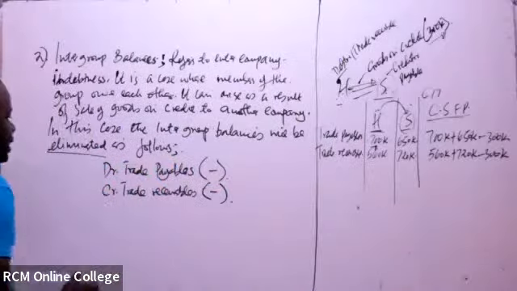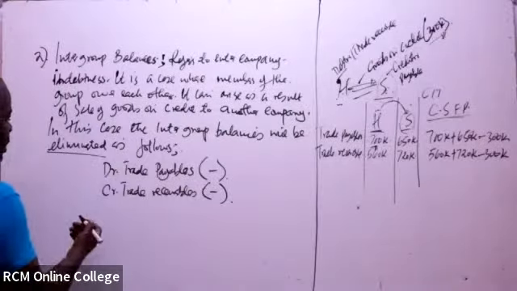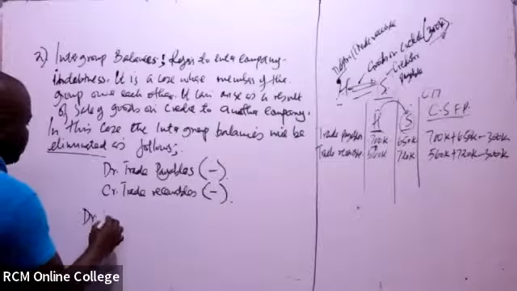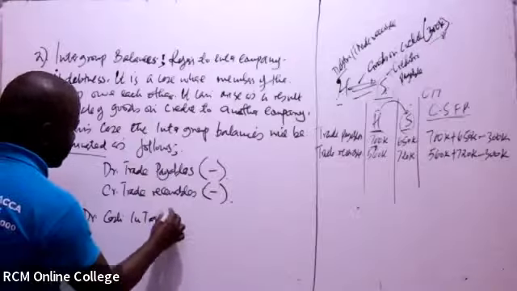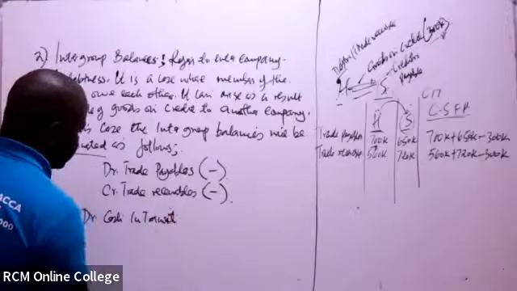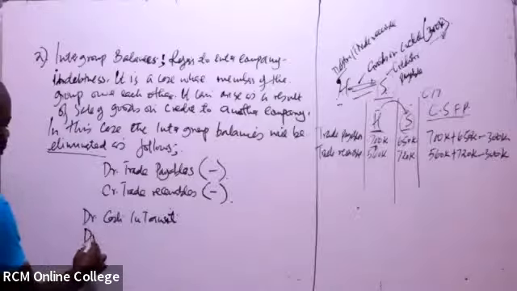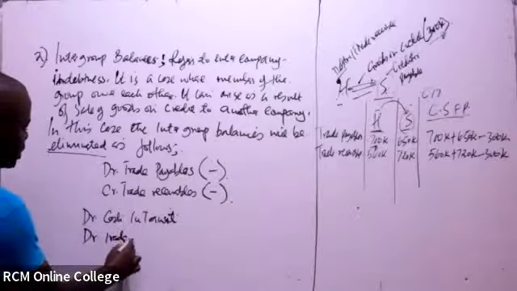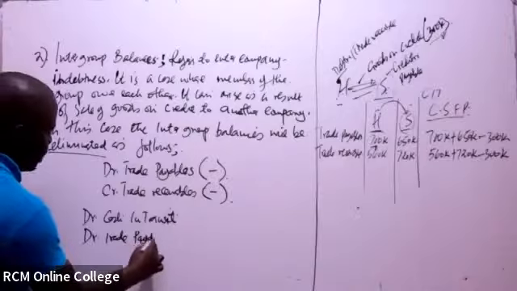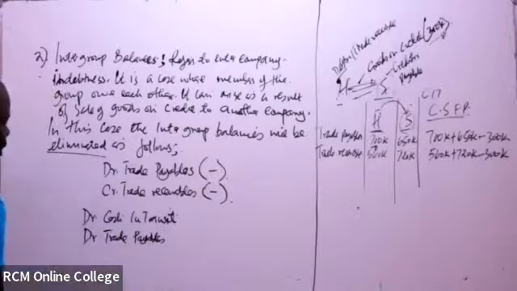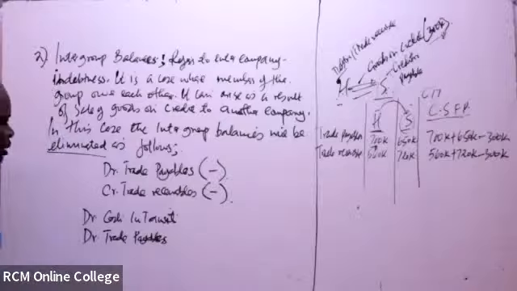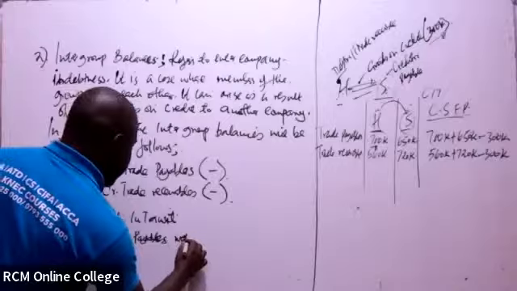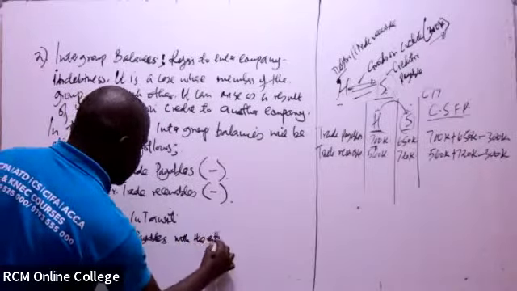So what will happen here? You'll debit the cash in transit. You'll create a cash in transit account. Then you also debit the trade payables with the amount that is still owing, the outstanding amount.